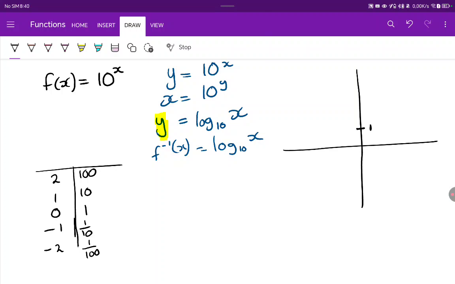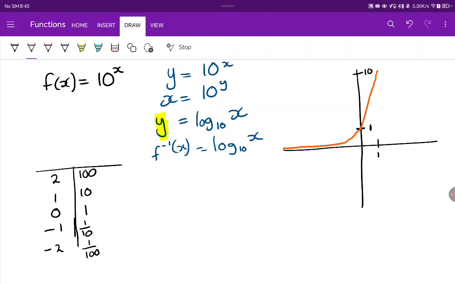So 0, 1, 1, 10. So let's make that 1, 10. And that's 1. Okay. So our first graph is going to look like this. There, there, and maybe there. Now let's do our inverse function.